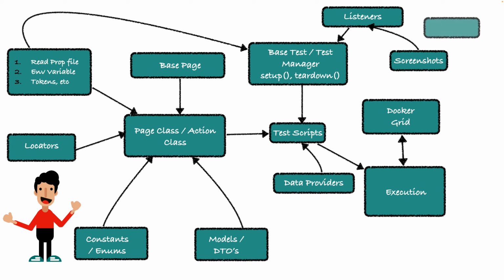Also the next component which we talk about is the rerun. Because in UI there are chances that test scripts fail multiple times, and they fail due to latency, network lag and all. So in certain scenarios you might require a rerun, so you can write your retry logic and add that retry logic in the listener component.